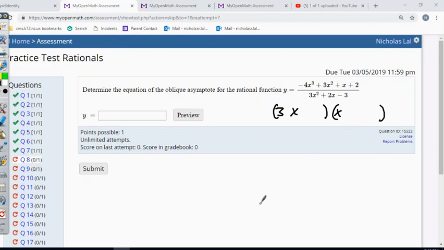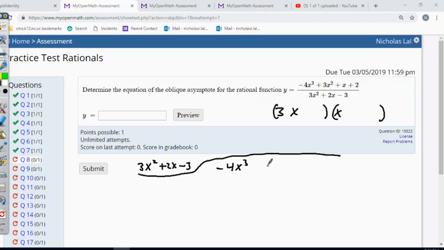So I just... What about you just do negative 4/3? 3x squared plus 2x minus 3.